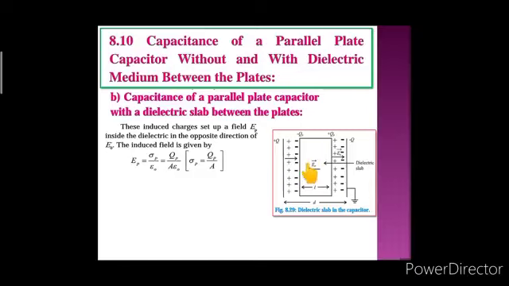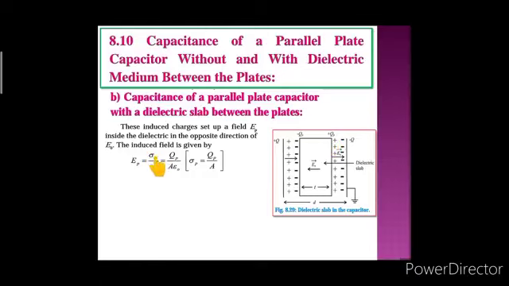As this field is due to the induced charges because of the polarization, it is denoted as EP, where sigma P is the surface charge density of the polarized charge.